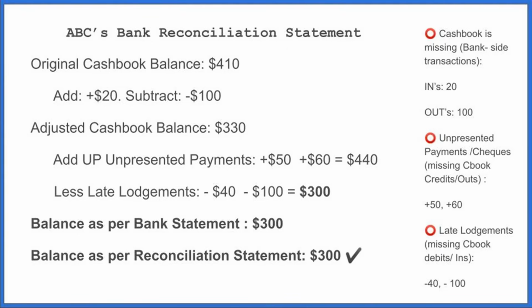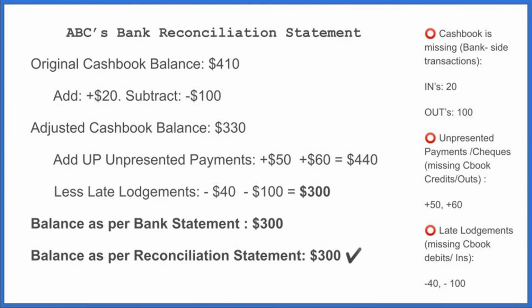Then we are going to less the late lodgements. So that's going to be 440 minus 100 minus 40, and that's going to bring us to 300. And as you'll see now, 300 is the balance as per bank statement. So we have just successfully reconciled the different number on our bank statement with the number in our cash book.